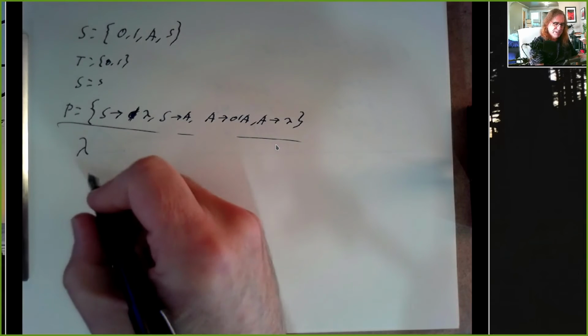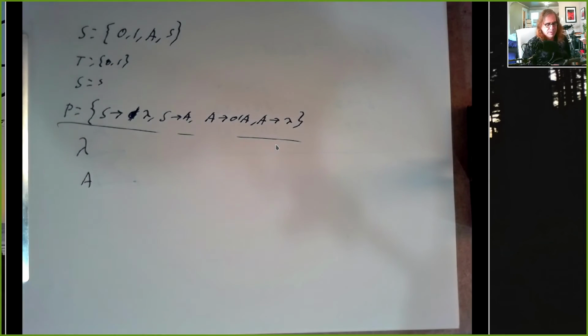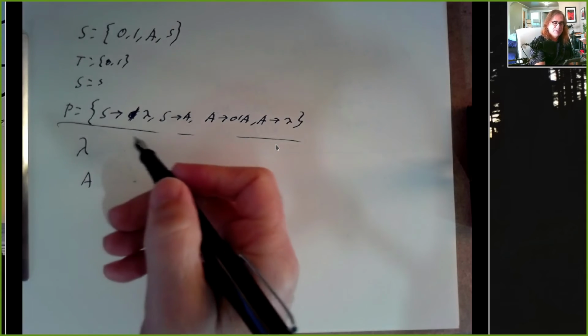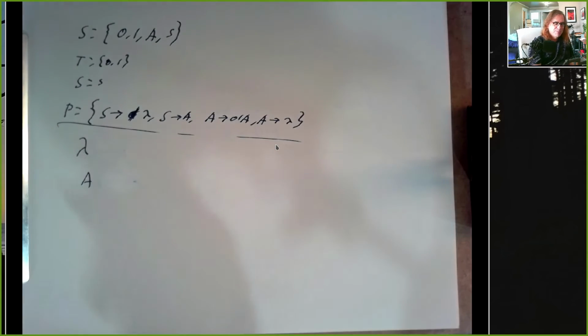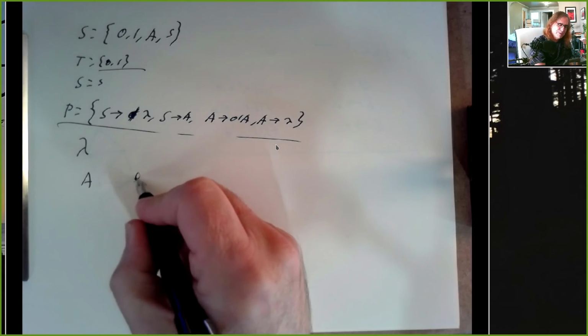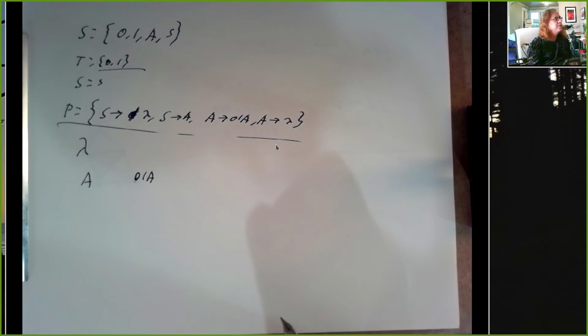So we can certainly get to A. What can we get to from A? And A is the only other thing we can get to directly from S, right? So what can we get to from A that's comprised just of terminal symbols? So we can get to A, we can get to 01A. What else? Keep going along that line of thought.